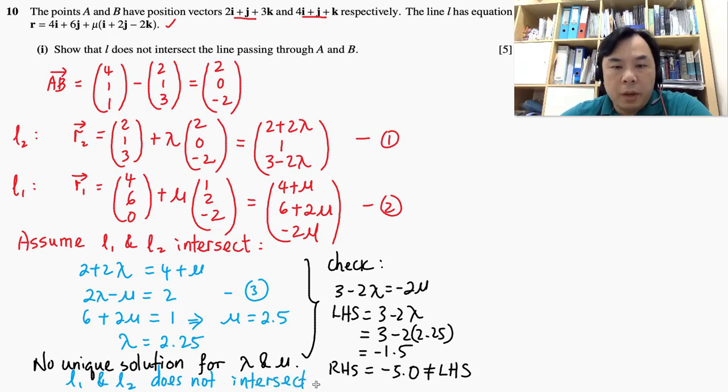Now we have successfully proven that L1 does not intersect with the line that passes through A and B. The method that I'm using is called proving by contradiction. If you're interested to learn more about the proving method, I hope that is clear for this section. We're going to move on to the second section shortly.